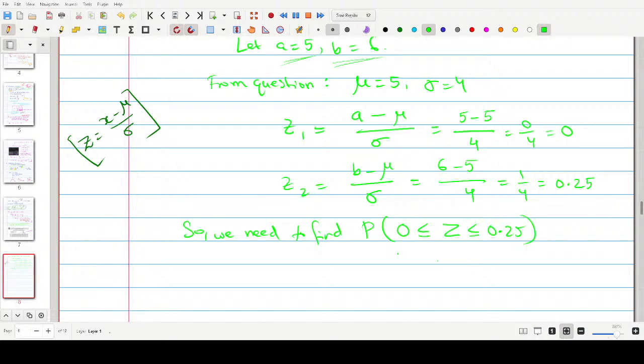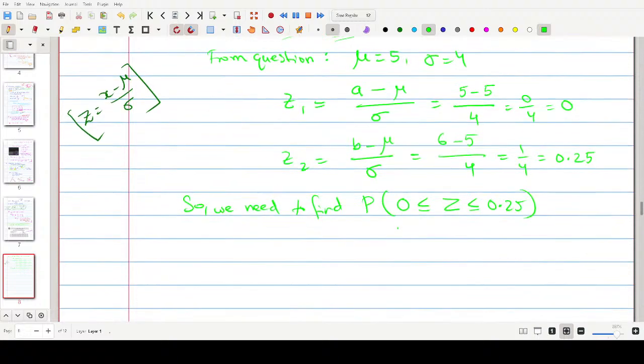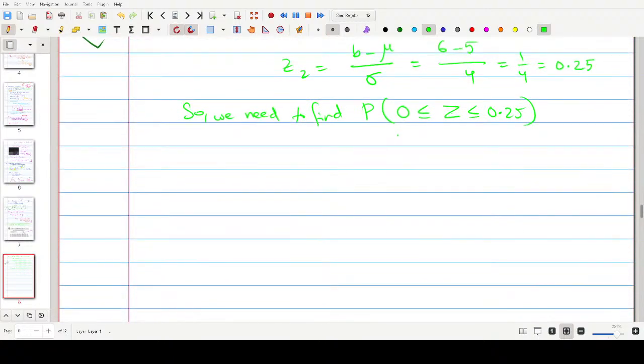Less than and less than or equal to are both equivalent, so even if you miss out on this one, it is completely fine. I recommend not to miss out, but still.